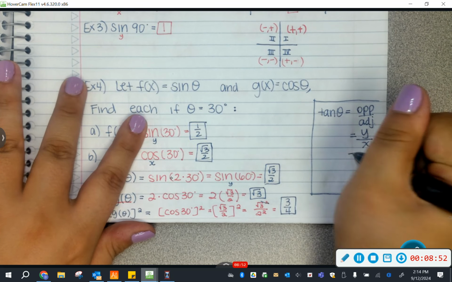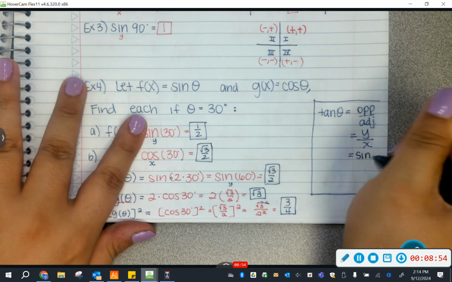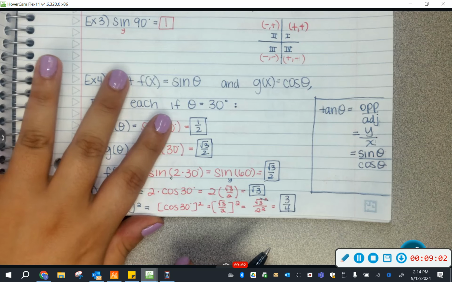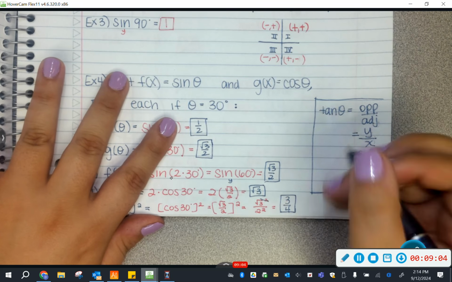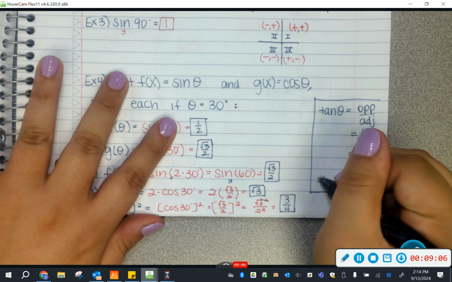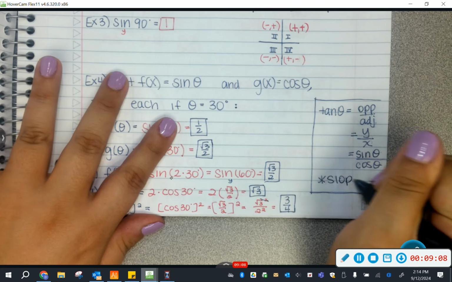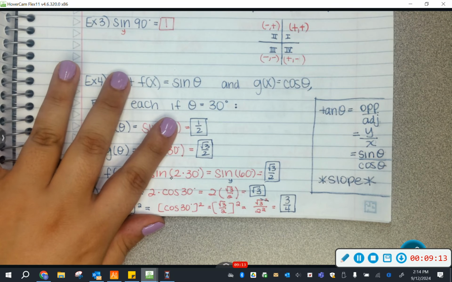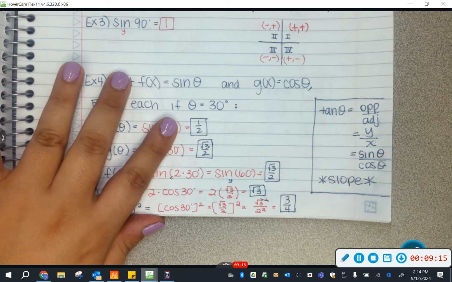X. So tangent is like the sine of theta over the cosine of theta. Those are three different ways to represent tangent. And what did I like to say that I relate it back to? Slope. It is your rise divided by your run from the center.